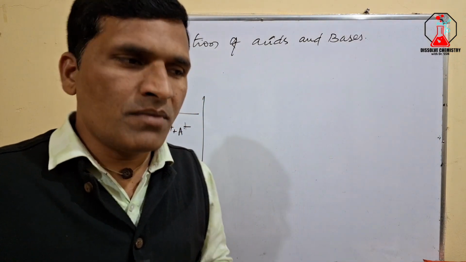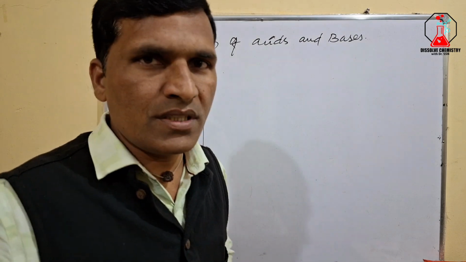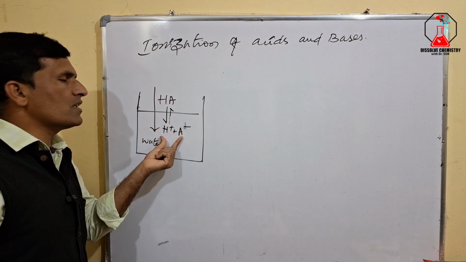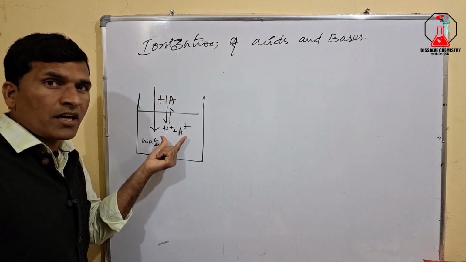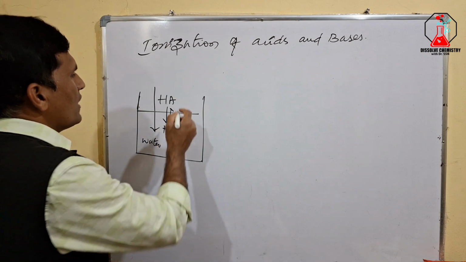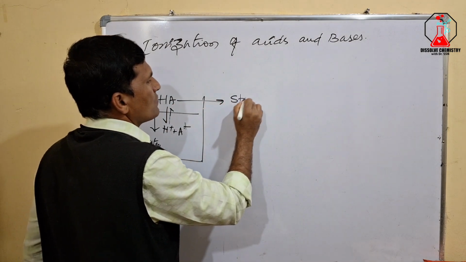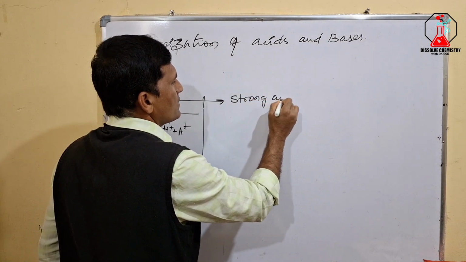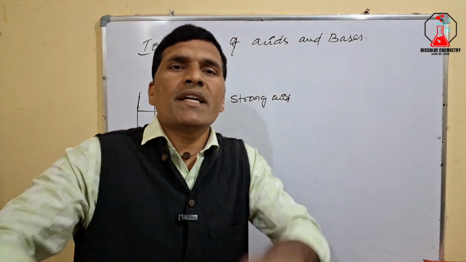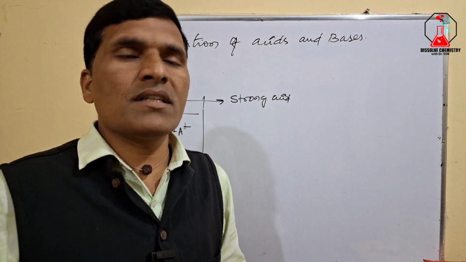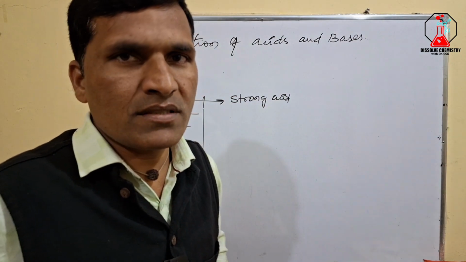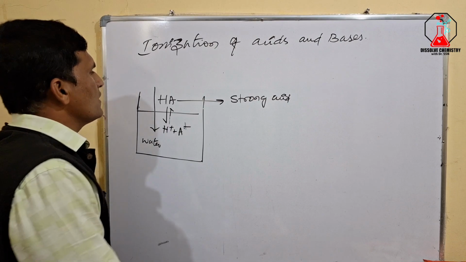So any compound which upon dissolution in water undergoes dissociation or ionization to almost complete extent, that acid we call a strong acid. Any compound which undergoes almost complete ionization to furnish H plus ions, or to give more number of H plus ions, is said to be a strong acid.